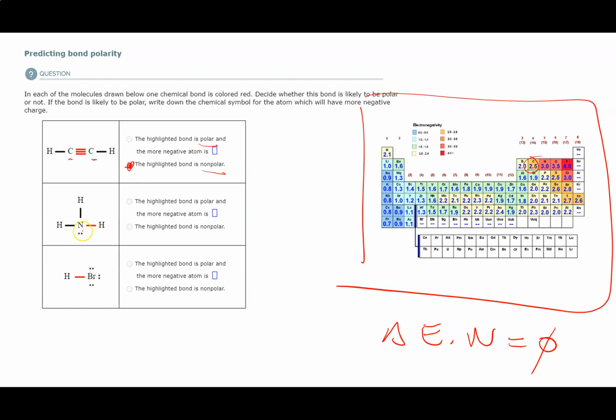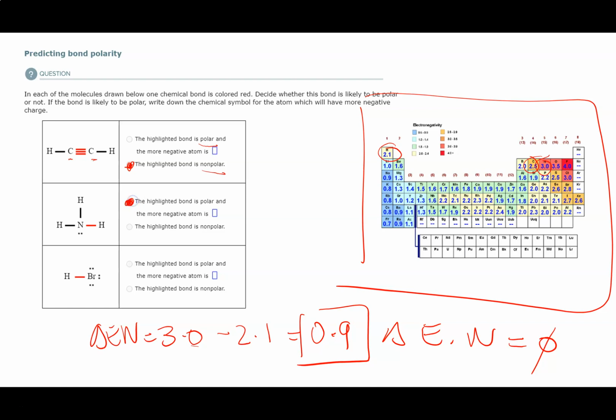The highlighted bond in this case is between a nitrogen atom and a hydrogen atom. Nitrogen is over here, it's got electronegativity of 3, and hydrogen is over here, it's got electronegativity of 2.1. So in this case, we've got a difference in electronegativity of 0.9. So that's a polar bond, and the more electronegative atom, the more negative atom, is going to be the nitrogen atom.